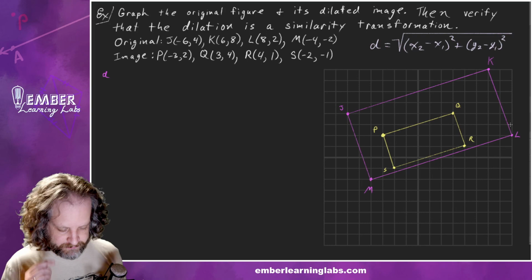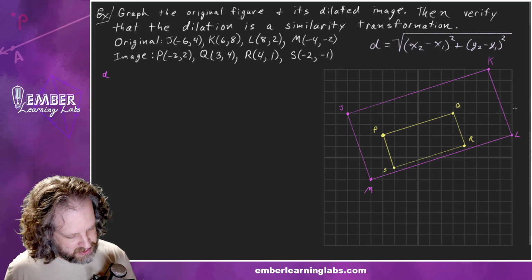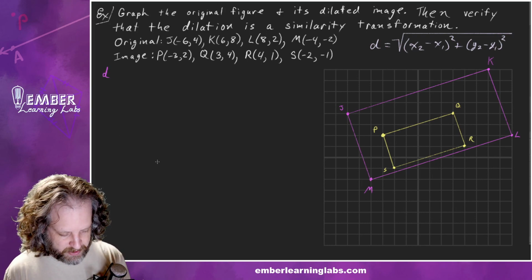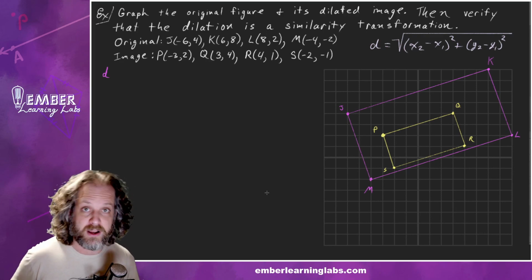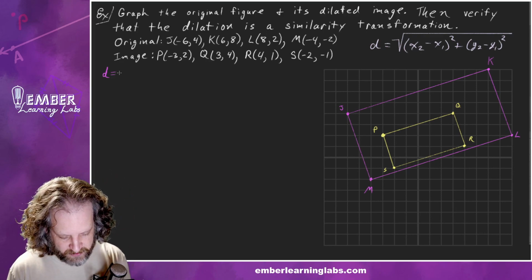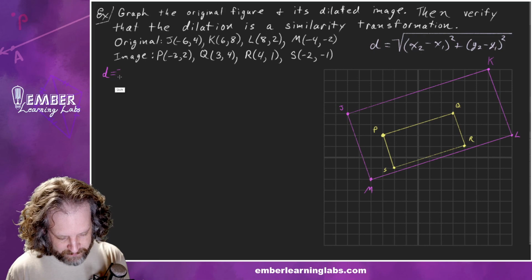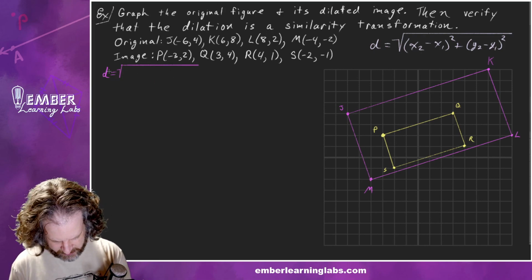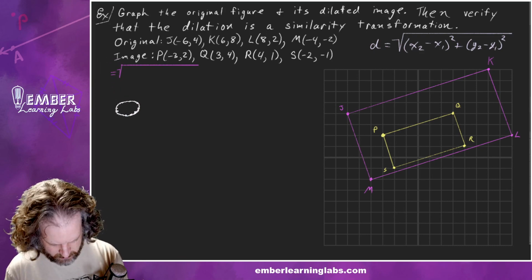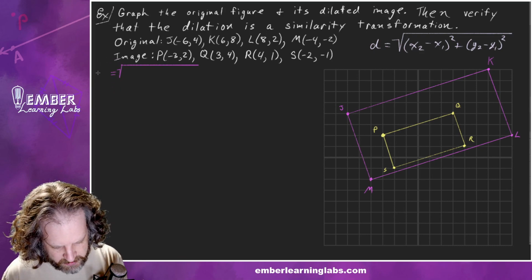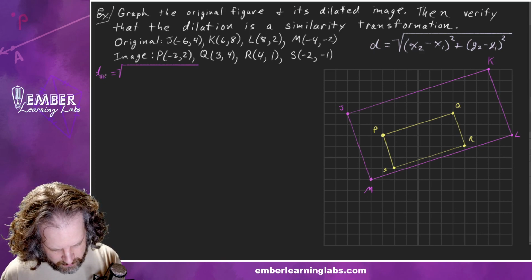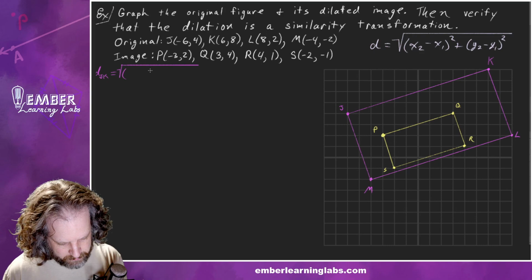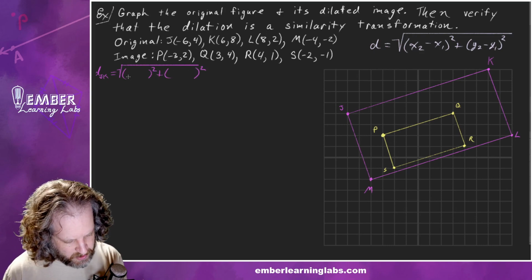I was going to kind of cheat a little bit, mostly because of the amount of space I have. We're doing great on time in this video, but I'm worried about space a little bit. We're going to do the distance of JK, squared plus squared.